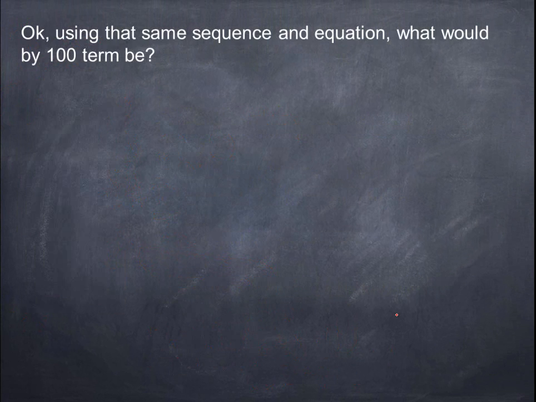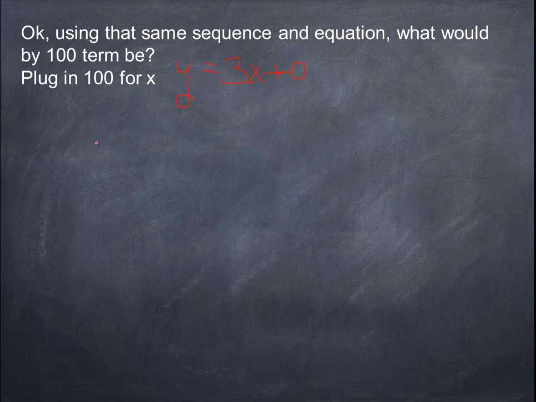Okay, using the same sequence and equation, what would the 100th term be? Remember, my equation was y equals 3x plus 0. I don't need that 0, but I can put it there if I need to. Plug in 100 for x. What do you get? 300.